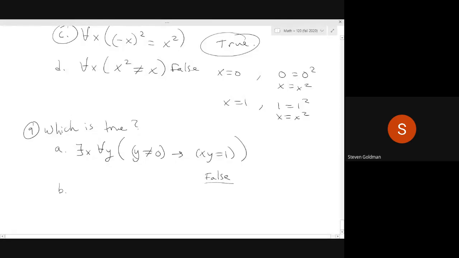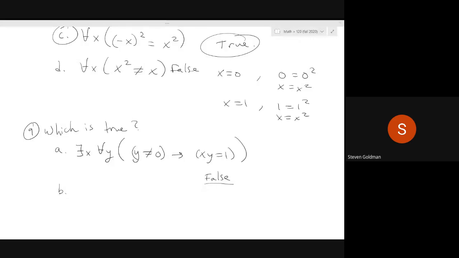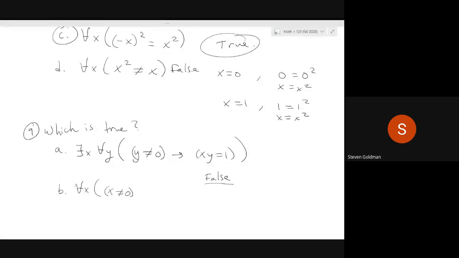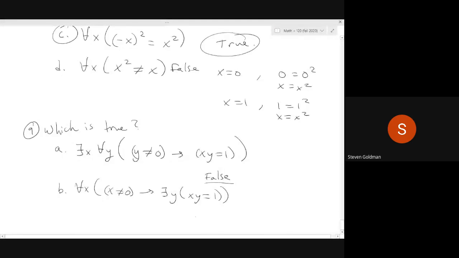Let's move on to part B. B was the statement for all x, if x is not equal to 0, then there exists a y such that x times y equals 1. That one is true.